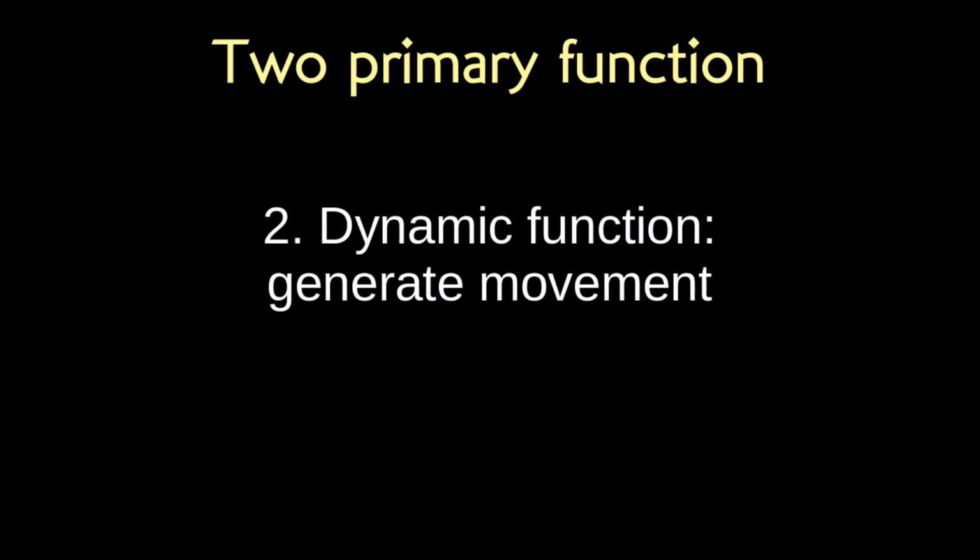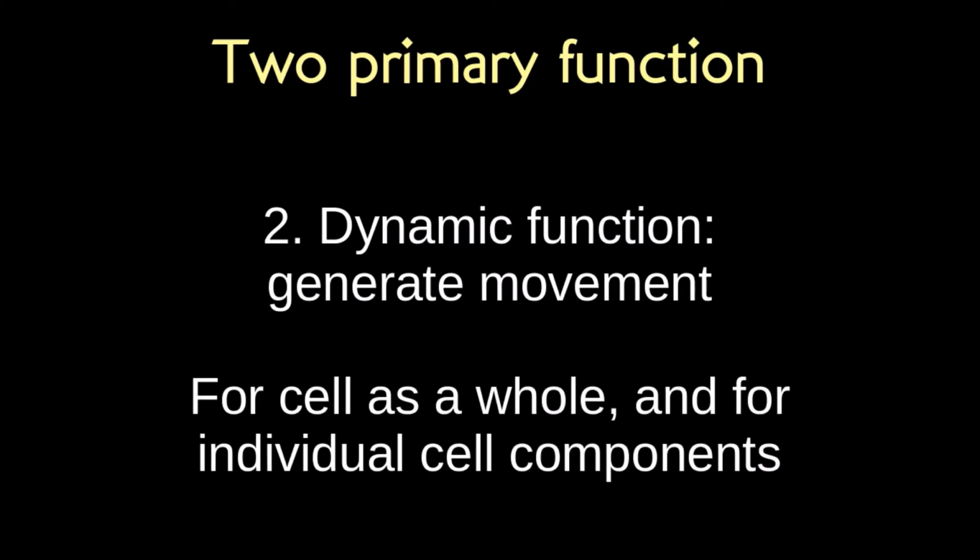And we move them around to get them to where things need to go. We've talked already about vesicles moving around, and those need to go places. This is movement inside the cell, not movement of the whole cell, and the cytoskeleton plays a very important role in those things as well. So, both for movement of the cell as a whole, and then also individual components inside the cell.